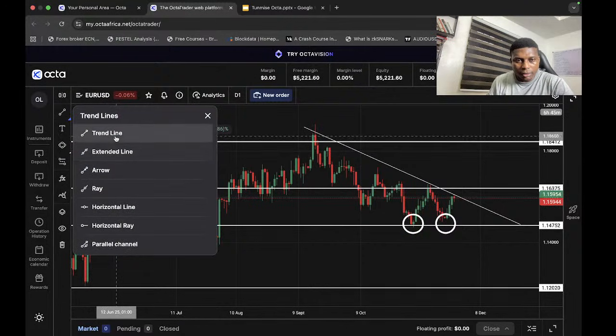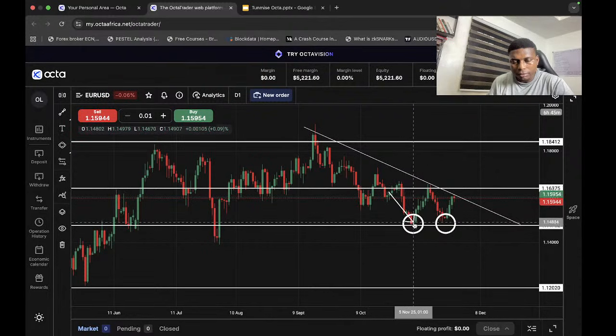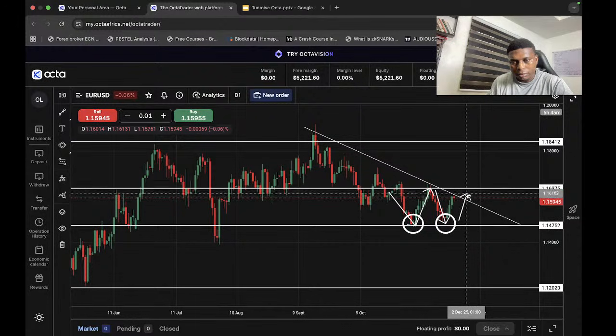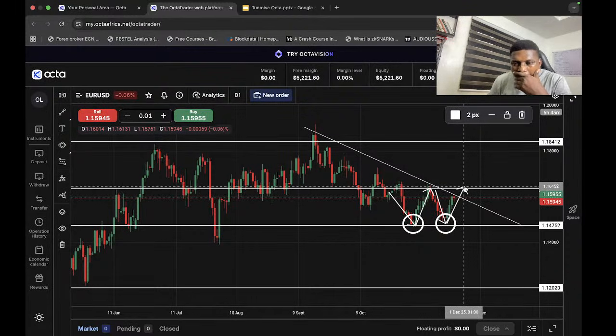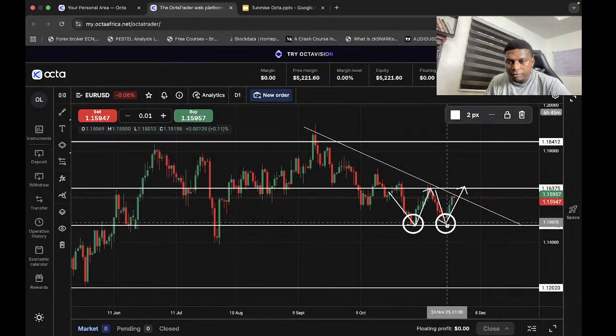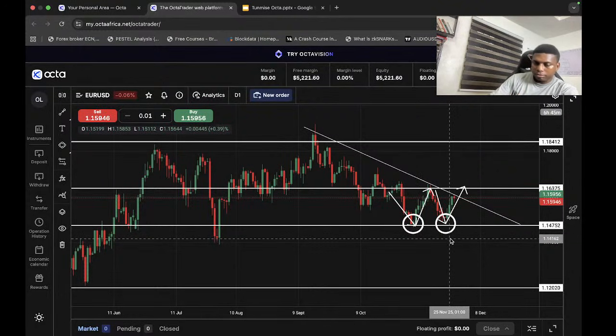Good. Now you can see very clearly that this is a double bottom, right?